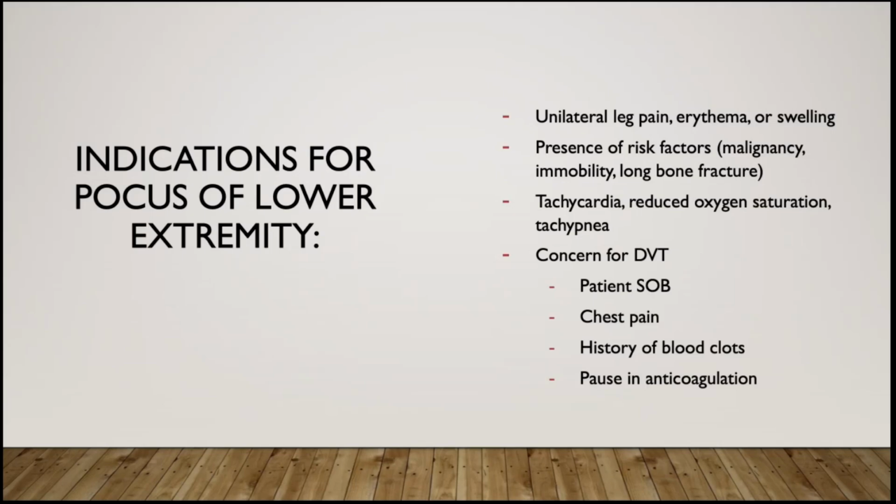And then, of course, physical exam signs that might point to a pulmonary embolism, such as tachycardia, reduced oxygen saturation, tachypnea. Of course, in the setting of a PE, you would want to evaluate the lower extremities for possible DVTs as a potential source. And then shortness of breath, chest pain, also signs of PEs that might have resulted from DVTs.